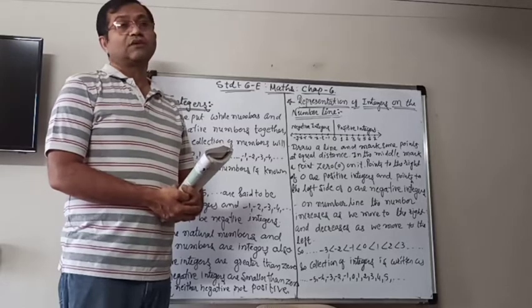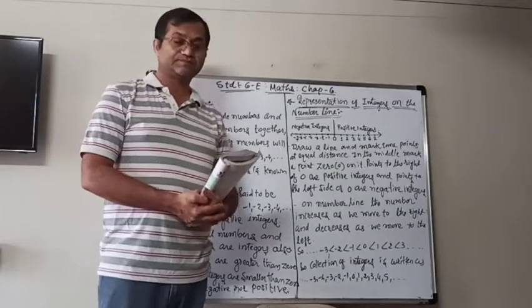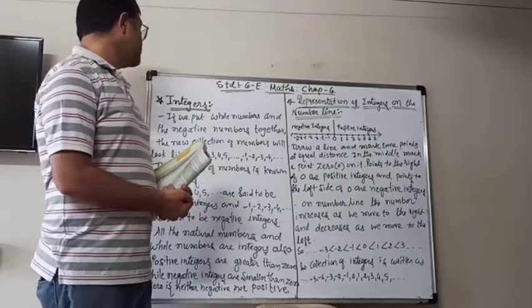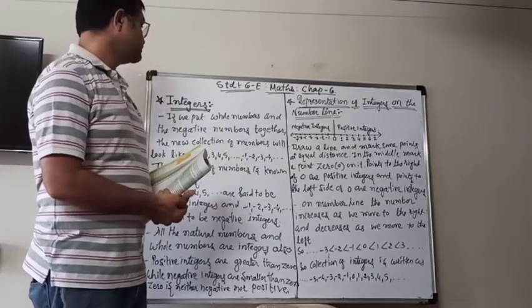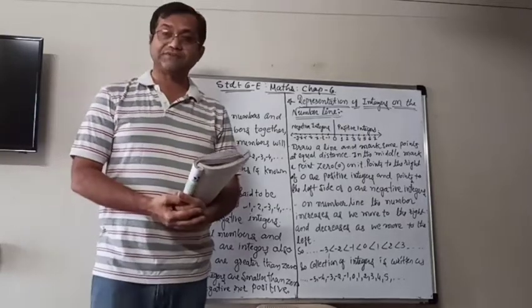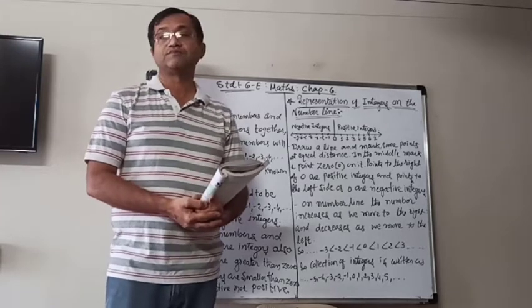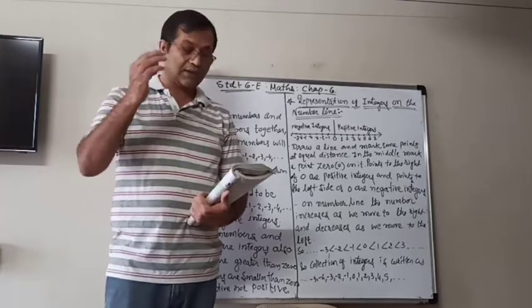Then we include 0 in it. When we include 0, we get the whole numbers. Whole numbers start from 0, 1, 2, 3, 4, and so on.